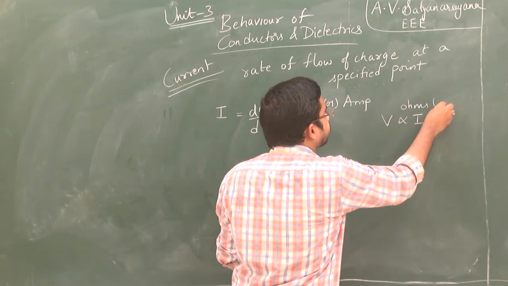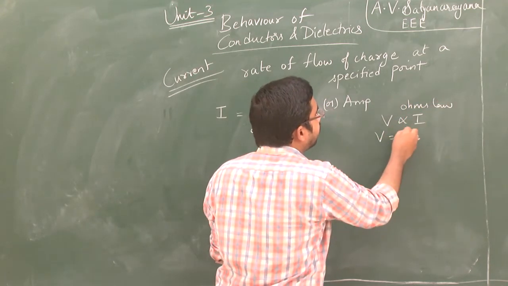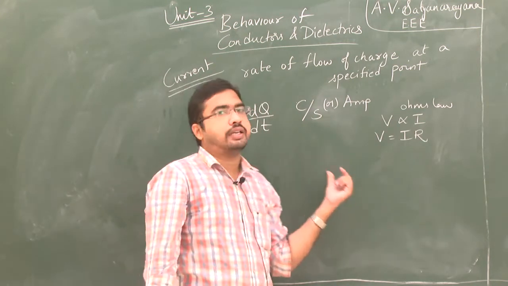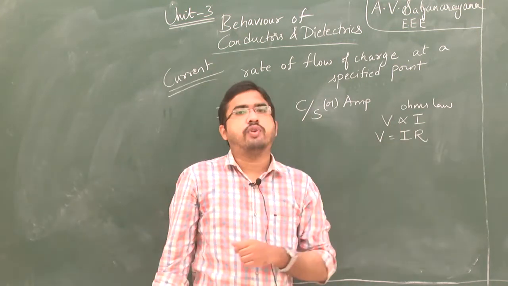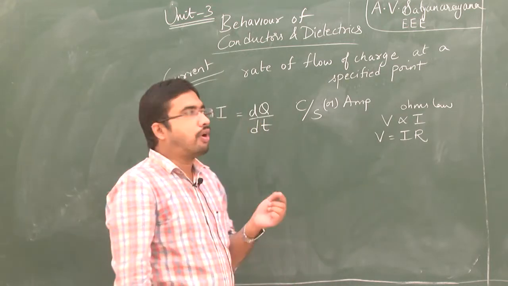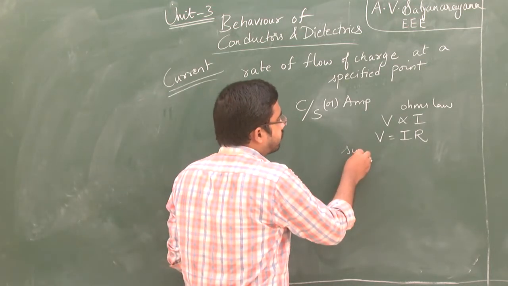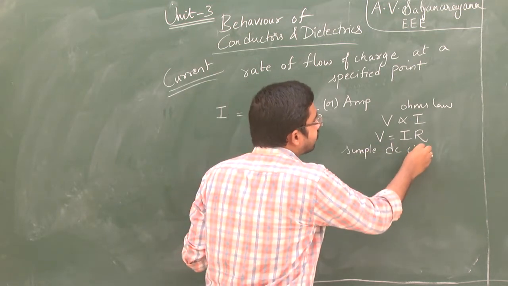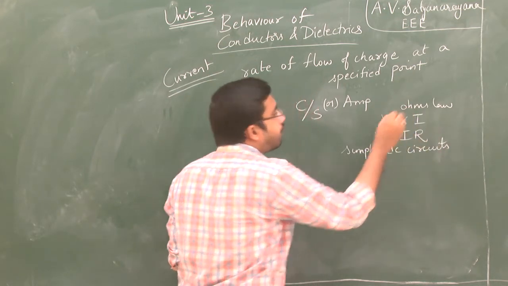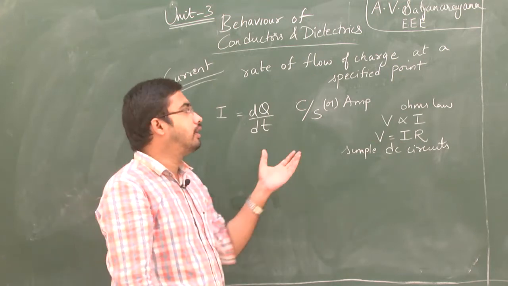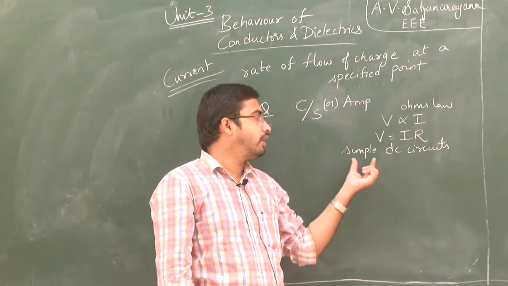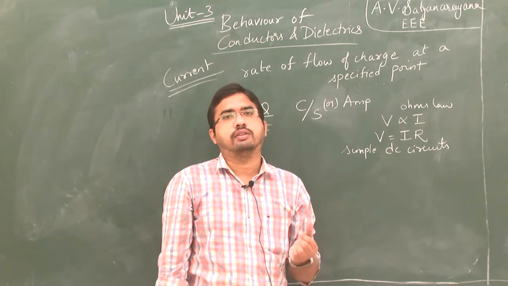From that we get V equals IR, where R is a constant. But this Ohm's law is valid only for small simple DC circuits. We mostly apply Ohm's law to find the relation between voltage and current for small simple DC circuits only.